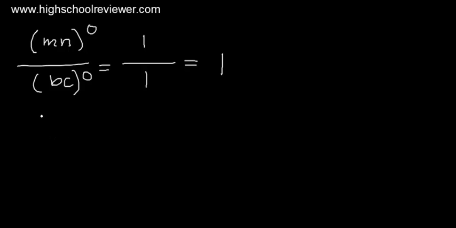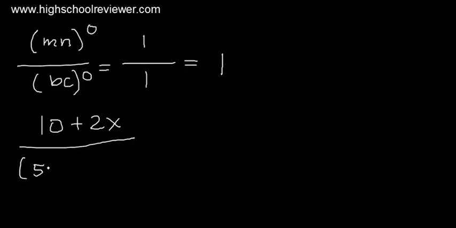And we have here another example, 10 plus 2x all over the quantity 5x squared plus 2xy minus 10, and the whole quantity is raised to 0.